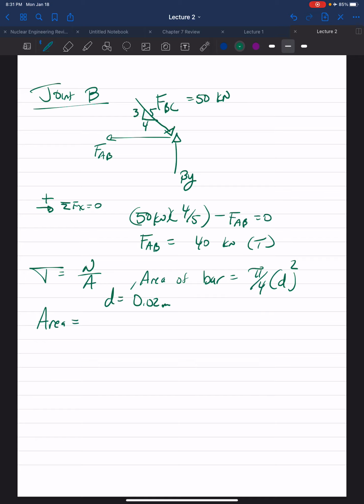So the area of the bar is 3.14 times 10 to the minus 4 meters squared.